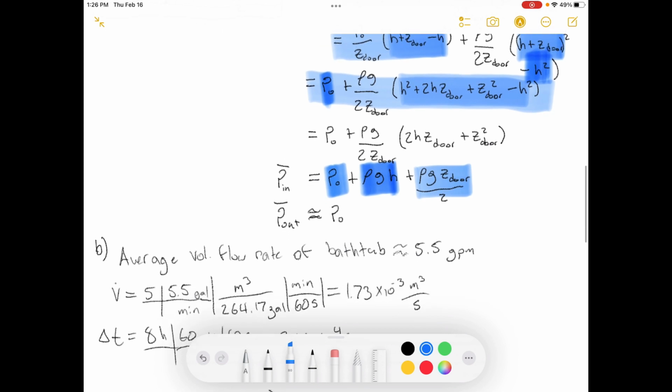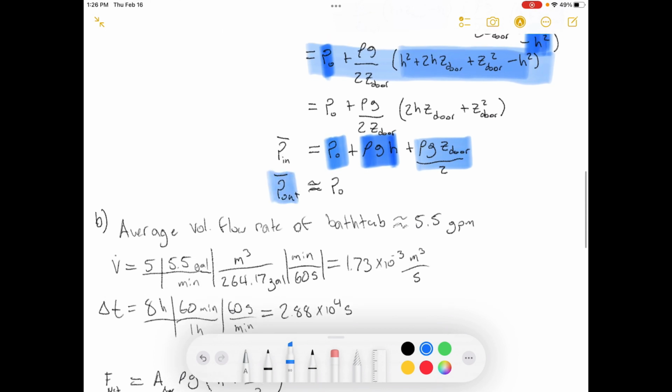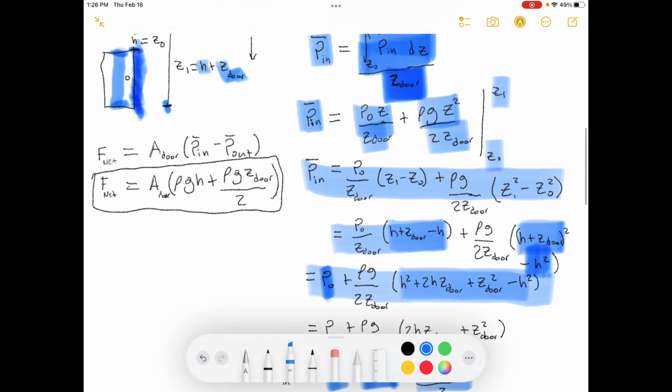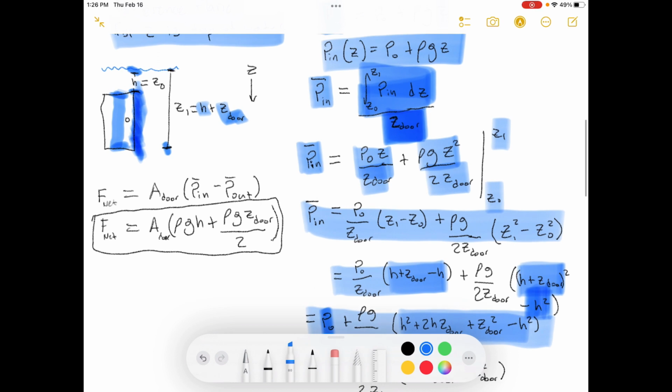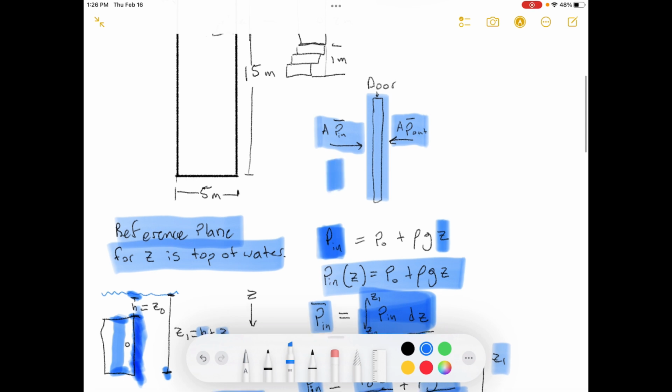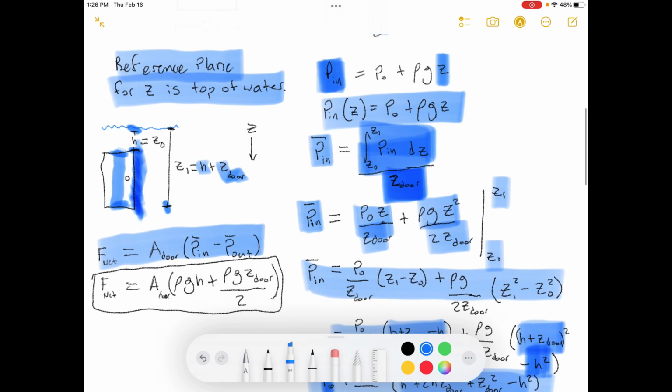So, and then we'll say that the average pressure on the other side of the door is P naught. So that's our reference pressure, our atmospheric pressure. Okay. So then the net force from our force balance that we did earlier up here, we say our net force is the area of the door times the difference between the pressure on the inside minus the pressure on the outside.